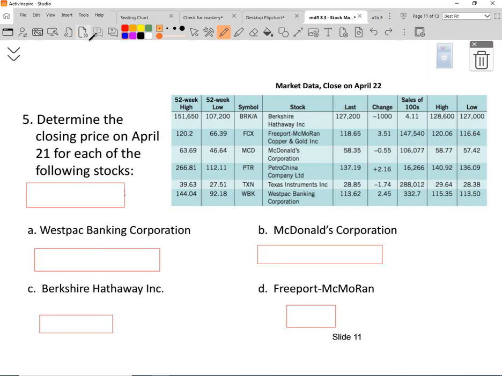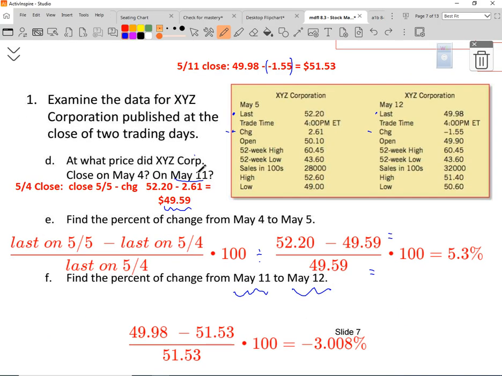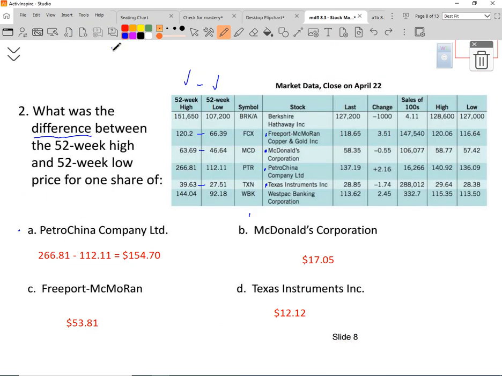Okay. And this is the last one we're going to do because this is where I stopped with everyone else. Determine the closing price on April 21st for each of the following stocks. April 22nd is the information we're giving. Remember, we did this back here, right?